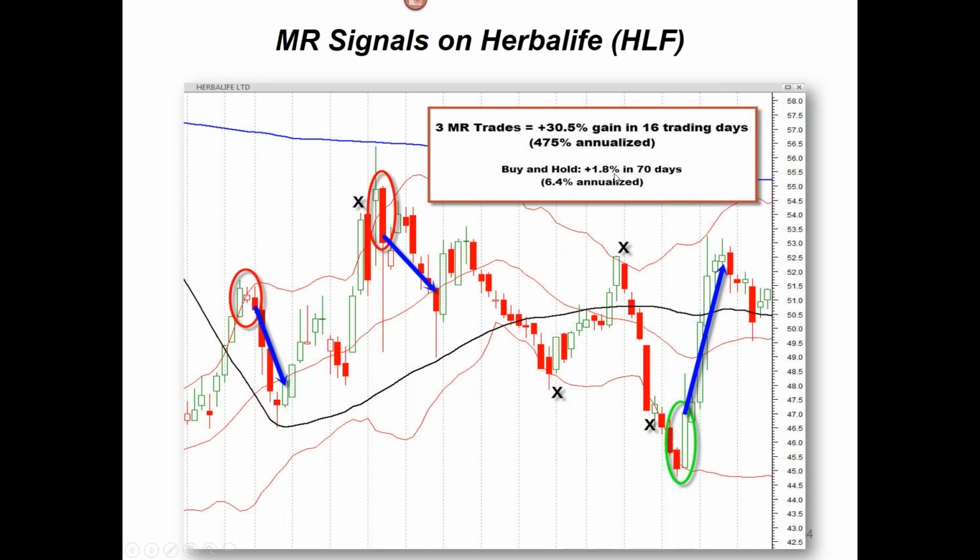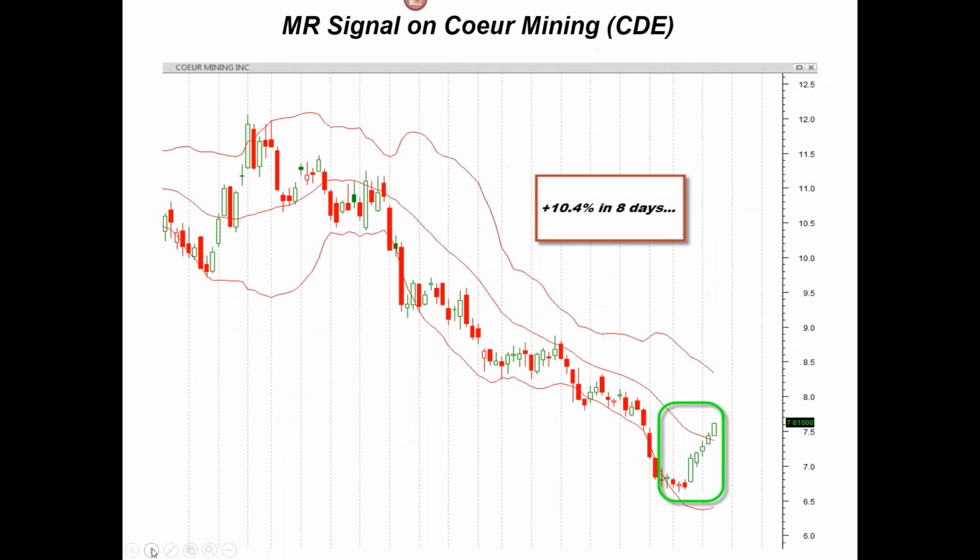You only would have made a little less than 2%. Not bad, really. 30% gain in 16 trading days is 475% annualized. If you can't make a living on those returns, you're not doing it right. So, great robust system here. And let's look at some more charts.